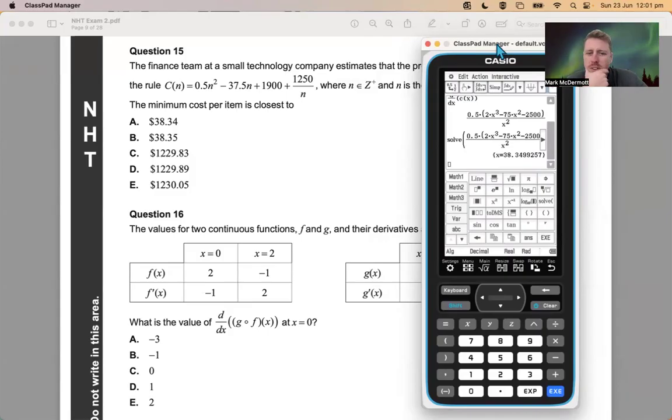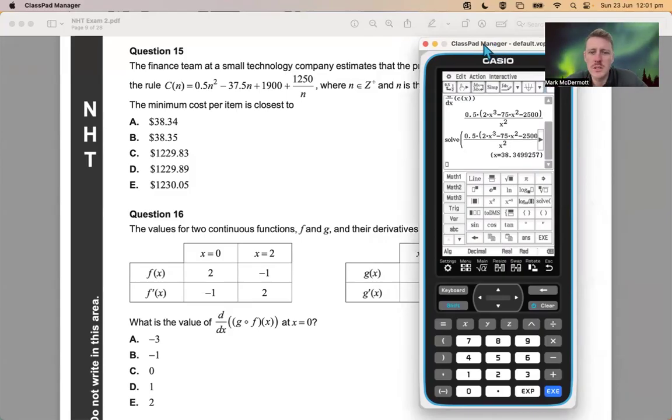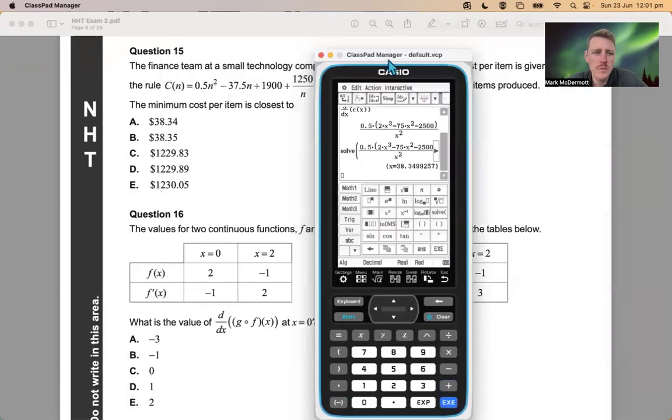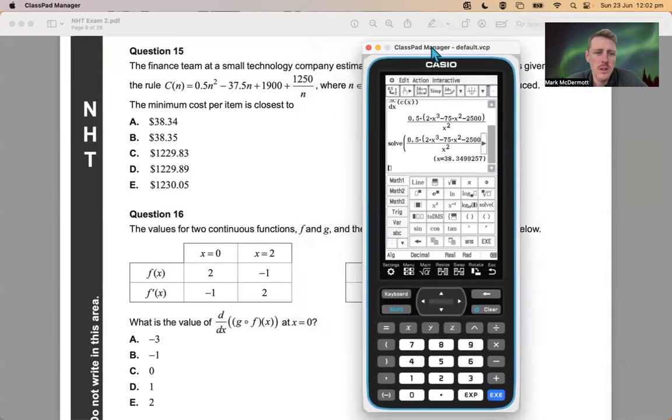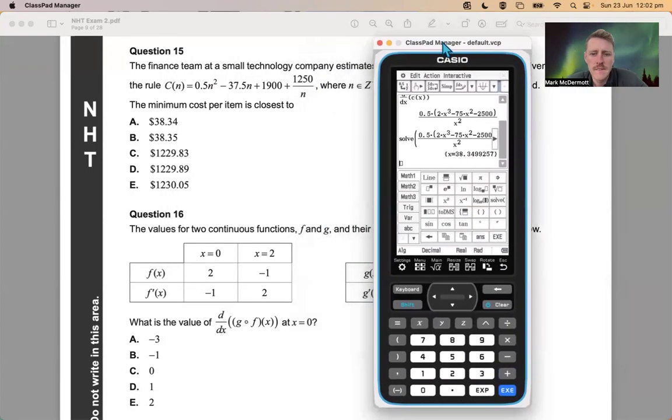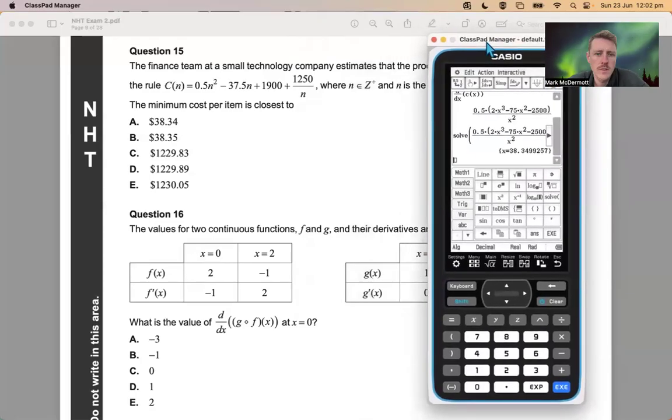So we need to make it, what is it, estimates that the production cost per item is given by this rule, the minimum cost per item. Okay, that's the x value at which it occurs, but we need to pick 38 or 39. It has to be an integer.